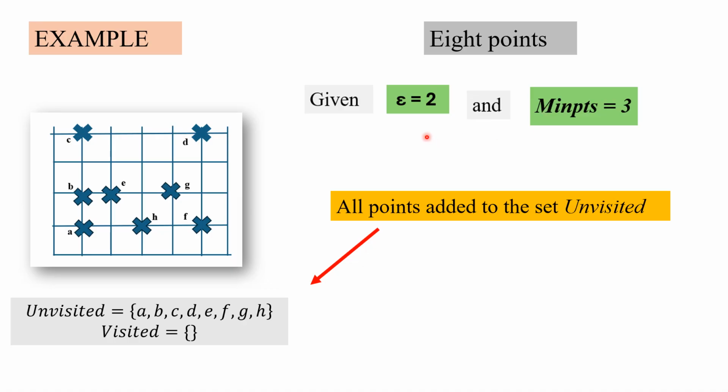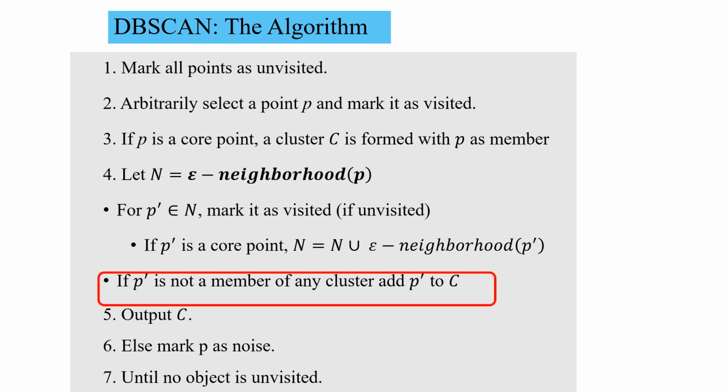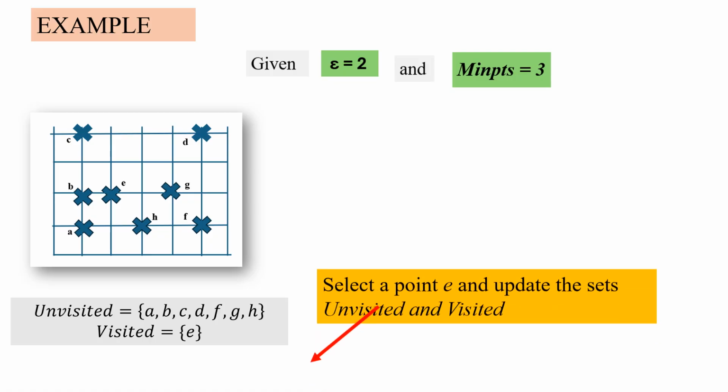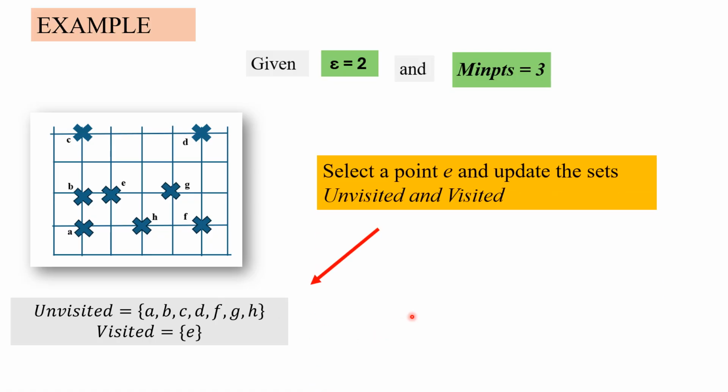This is our usual parameter setting for all our examples. So all points have been added to the set unvisited, and visited set is empty. We come to the second step. Select a point, mark it as visited. So here, select a point E and update the sets. See, the point E has moved to the set visited and it has been removed from this set.